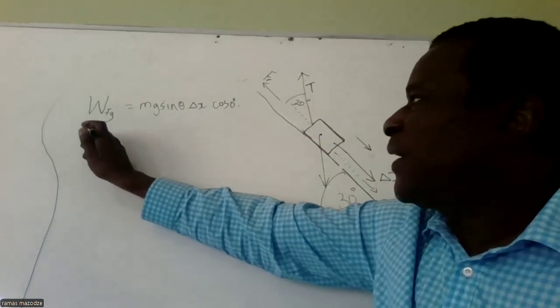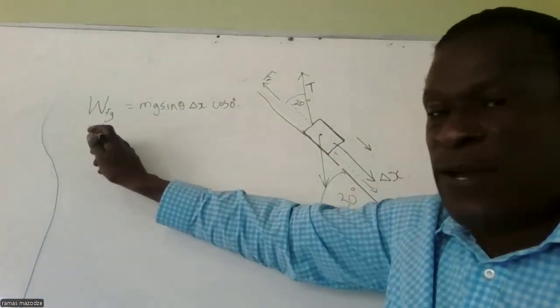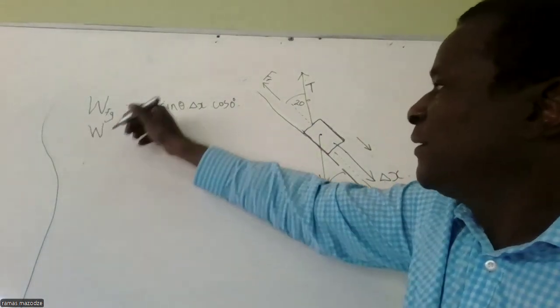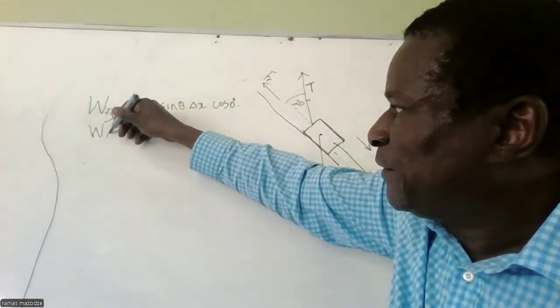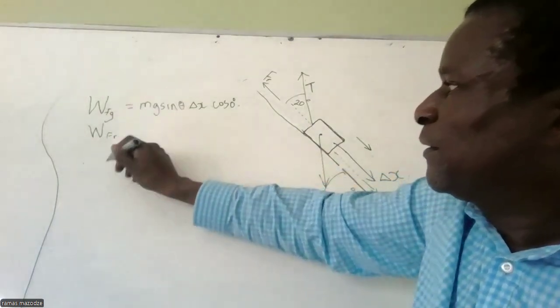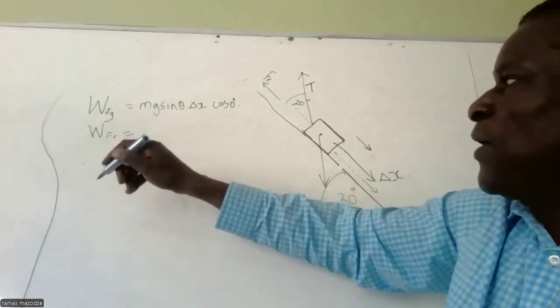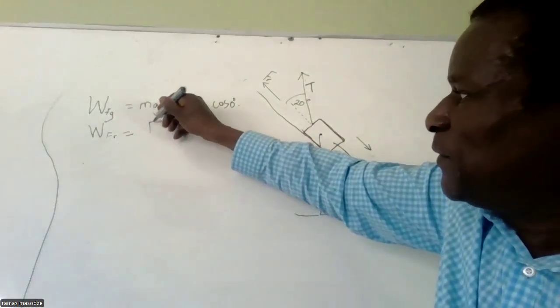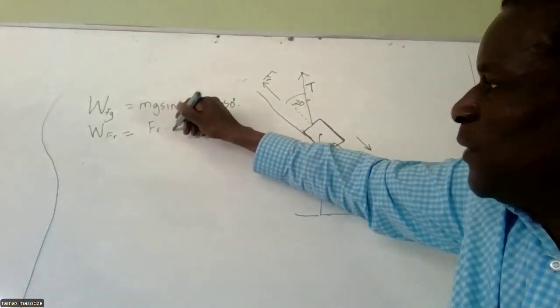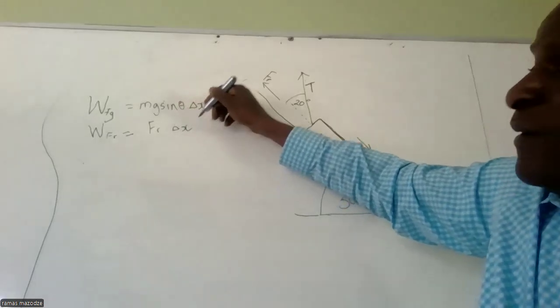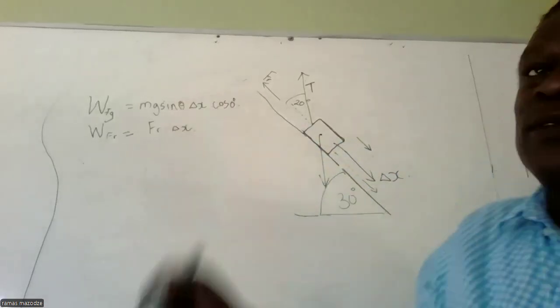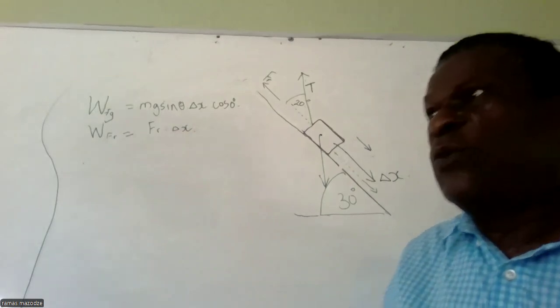Next, work done by friction. It will be the frictional force times the displacement, delta x, times cos of the angle.